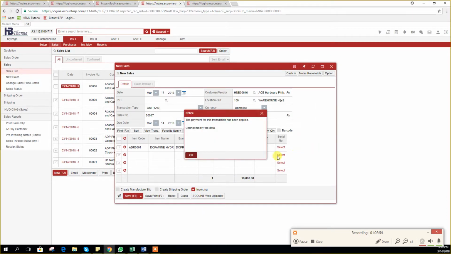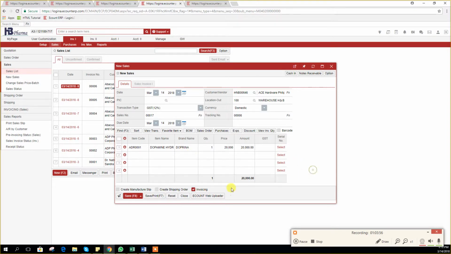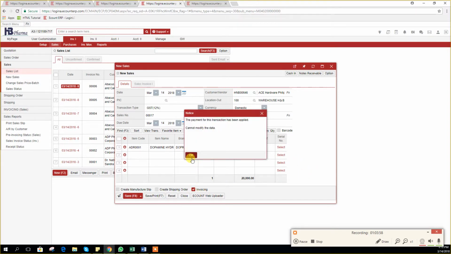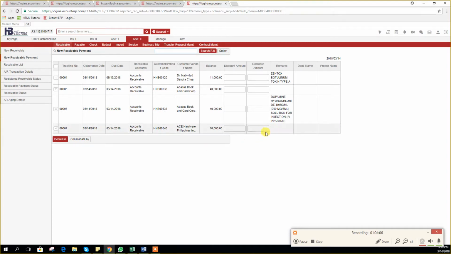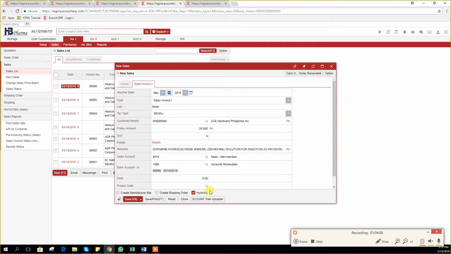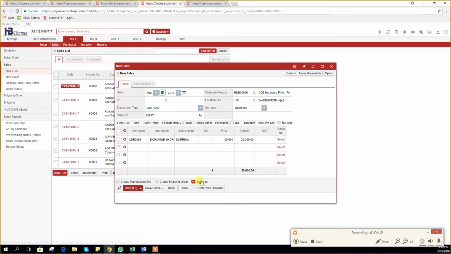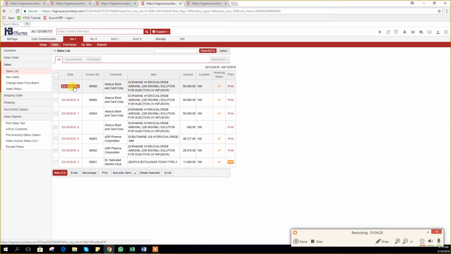No, we do not need to do invoicing, because this invoicing is going to create a receivable. We already have a receivable. So you do not need to click this invoicing. You just need to save it after this. All right. Any questions?